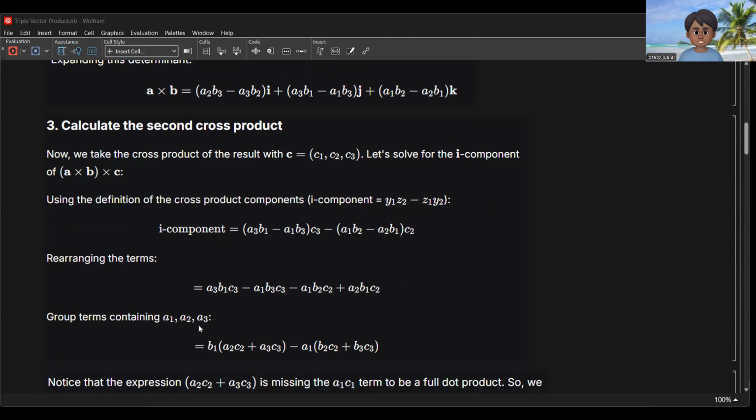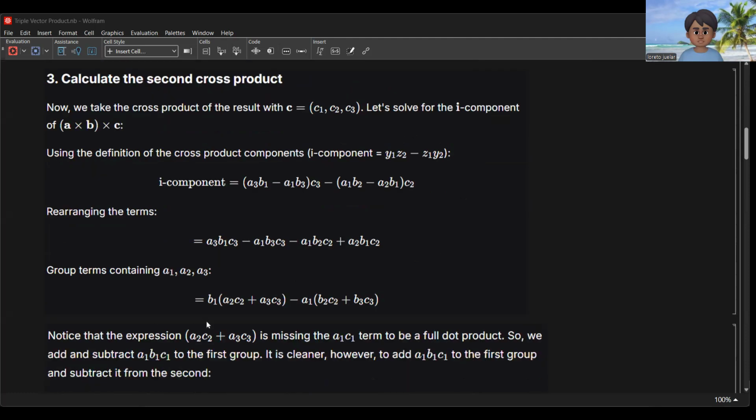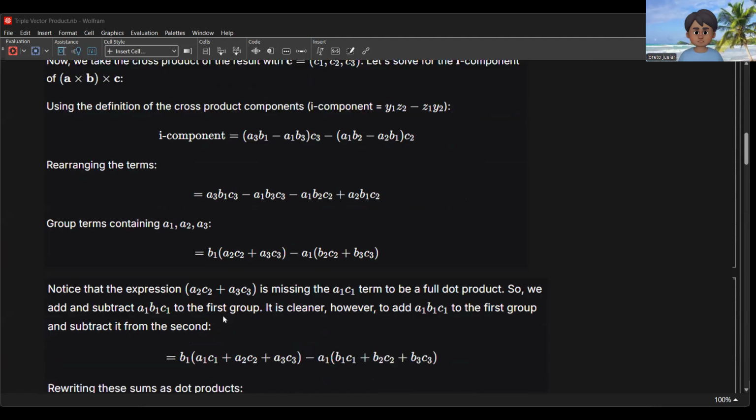Group the terms containing A1, A2, B3. Notice that the expression A2C2 and A3C3 is missing the A1C1 term to be a whole dot product.